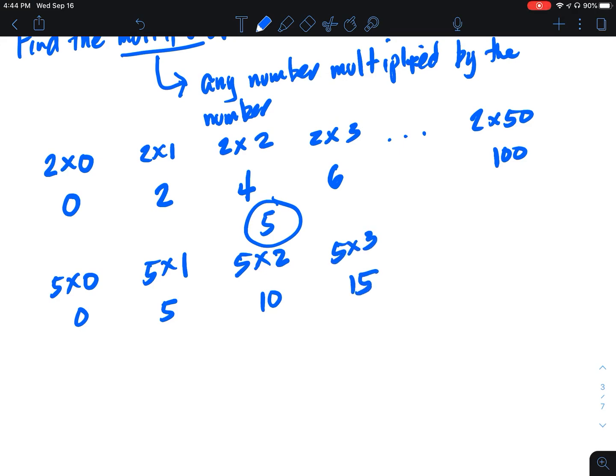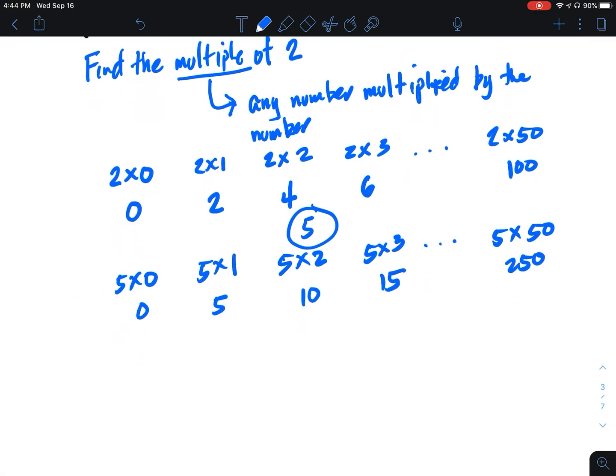These are all multiples of 5. And if I do 5 times, let's say 50, this is going to be 250. So 250 is still a multiple of 5. These are all what we call multiples.